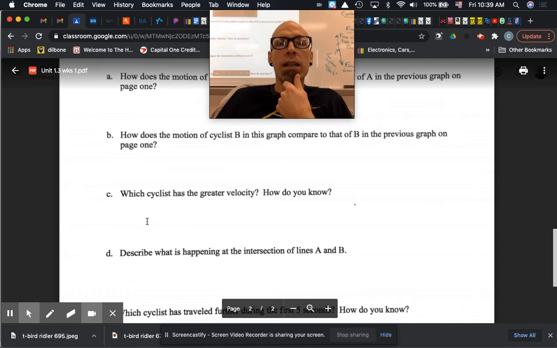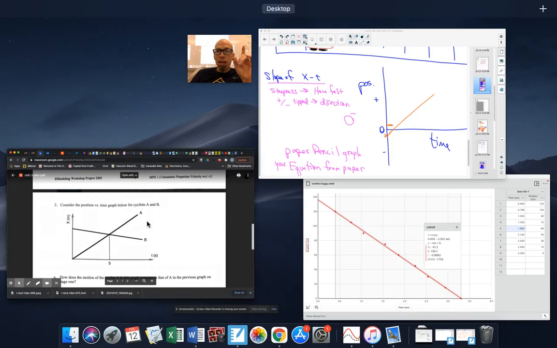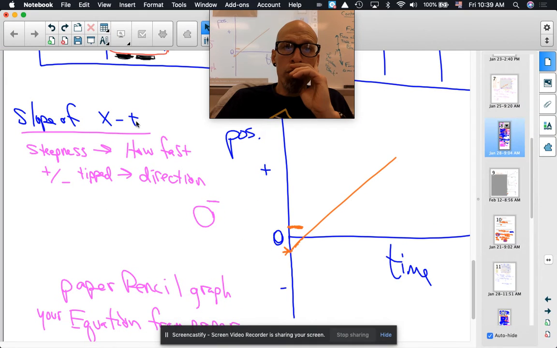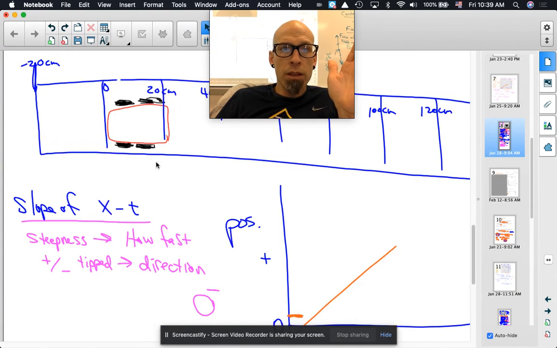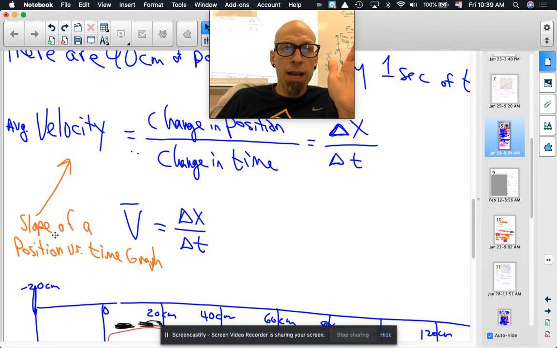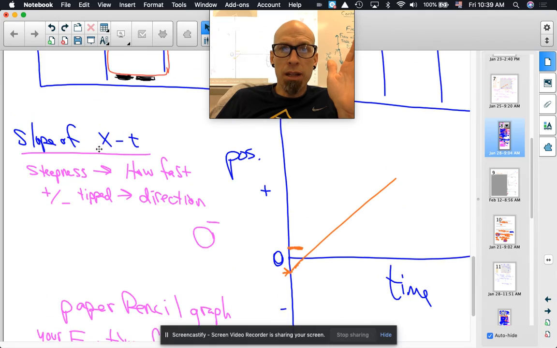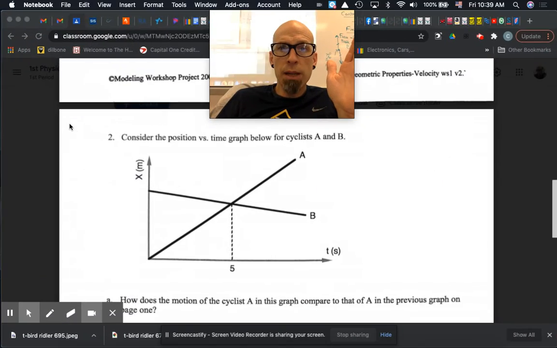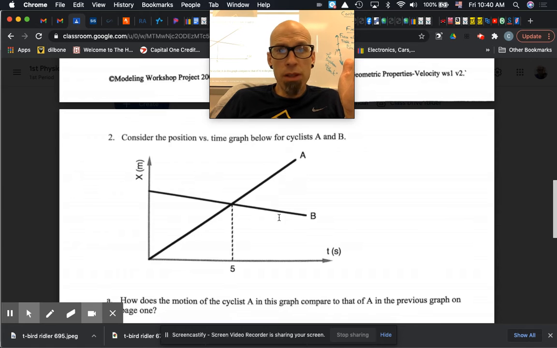And C, which cyclist has a greater velocity and how do you know? Well, again, how can you tell which one has a greater velocity? Remember, velocity is the slope. The slope of a position-time graph is velocity. How steep are these? Is one of them steeper than the other? Sure is. A is way steeper than B. So who's faster?